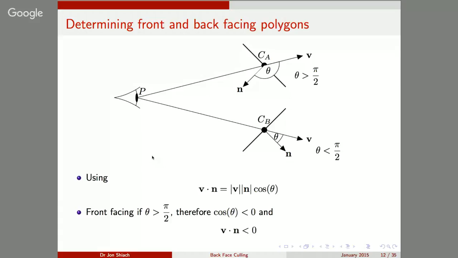So what this means is if v dot n is less than or equal to 0, what, front-facing polygon? Front-facing? Yes, because if v dot n is less than or equal to 0, that would imply that theta was greater than pi over 2. So if v dot n is less than 0, we have a front-facing polygon.